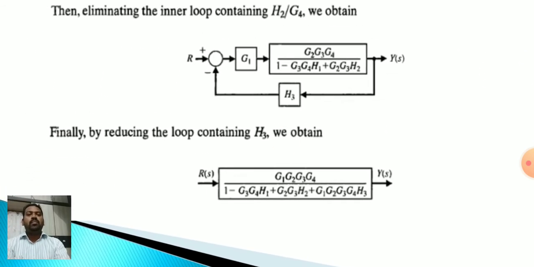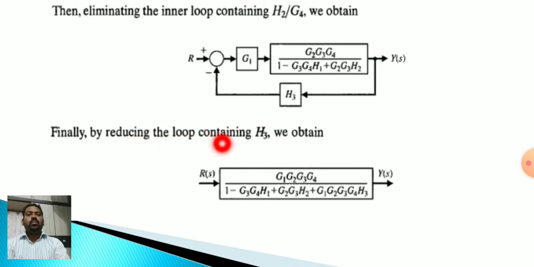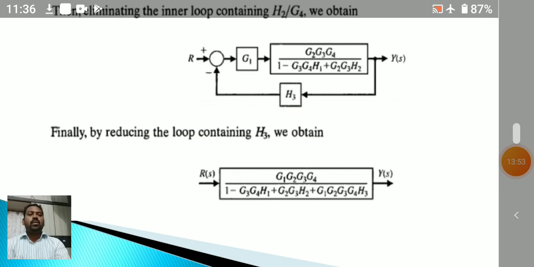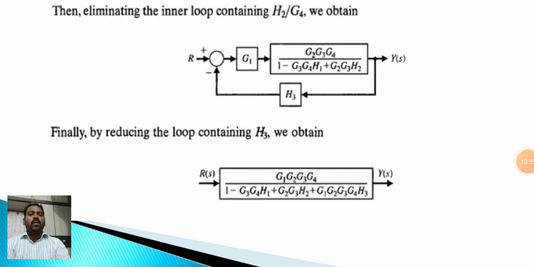Finally, reduce the loop containing H3, that we have to remove. So once again, this is G(s), this is H(s) with negative. G(s) divided by 1 plus, because it comes minus here, plus into minus minus, and G(s) into H(s) H3. So we will get the transfer function.